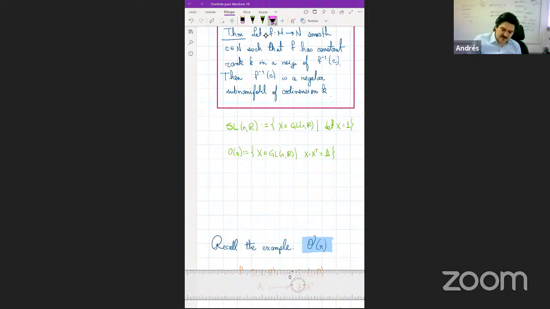Now, in terms of the rows or columns of X, what can you say about it? Because I have this, X times X transpose.